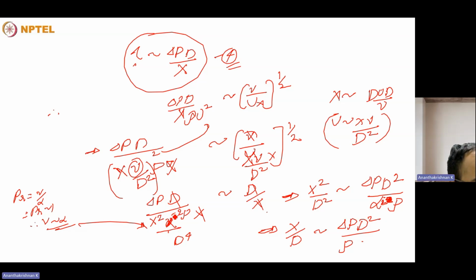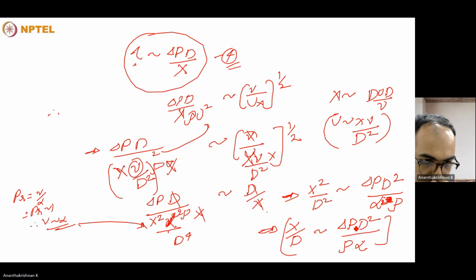I guess there is some kind of a mistake here. So this is in terms of alpha. So that is x by d the whole square.